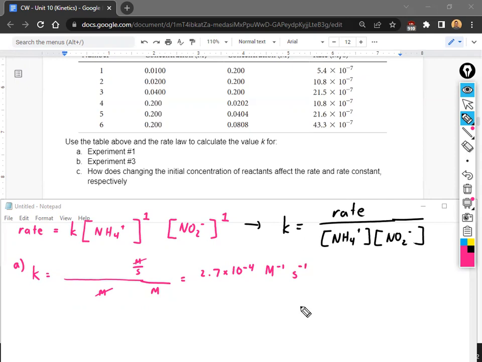You can also write the unit of measurement like this: 1 over molarity times second. You can't just flip it, because molarity is on the bottom. You can't flip the fraction. You can only do that if it was 1 over molarity on the bottom.